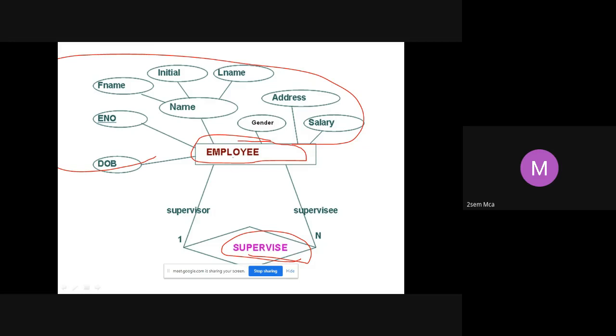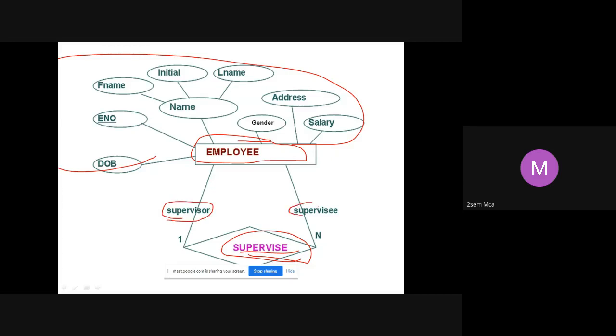Why? Because this employee as an entity is participating in two different roles in this relationship called supervise. Supervise is the relationship. That means an employee can behave as a supervisor.